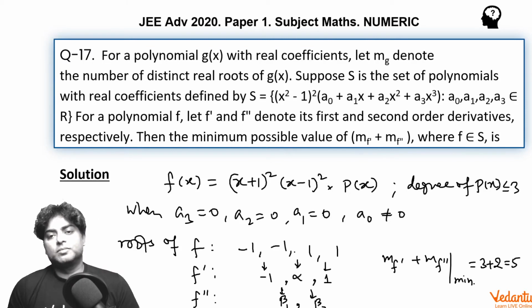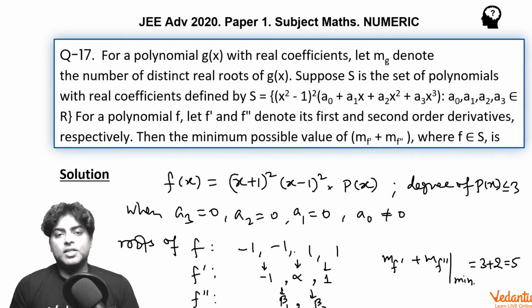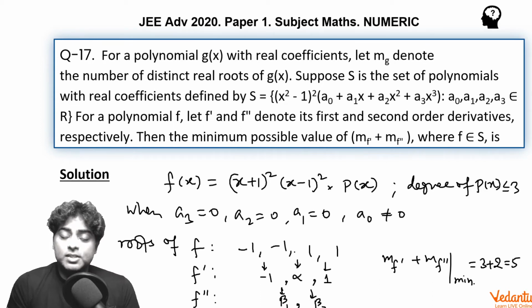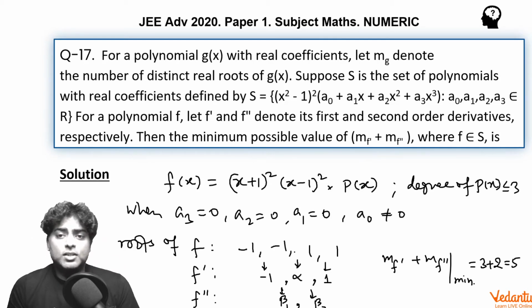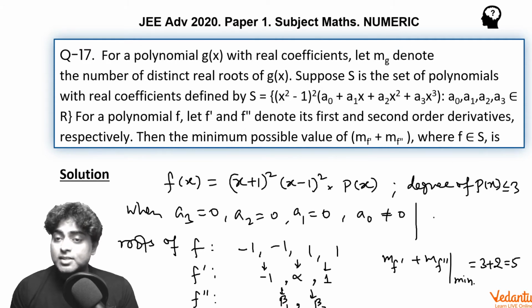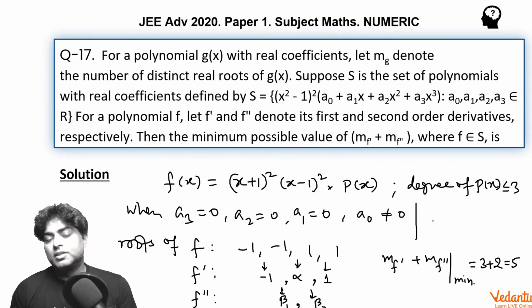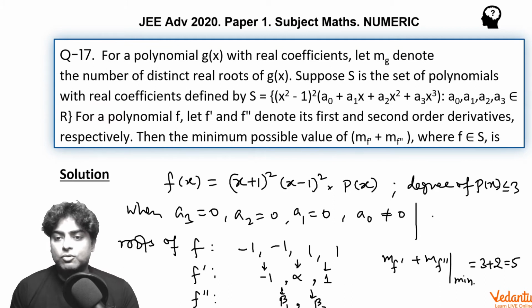We cannot reduce the minimum number of distinct roots for f dash and f double dash lesser than this. Okay, let's discuss it furthermore. Let us explore other cases when again the answer is 5, and that is the case when we take the second factor, the polynomial p(x), as a quadratic with a discriminant less than 0, means having no real root.